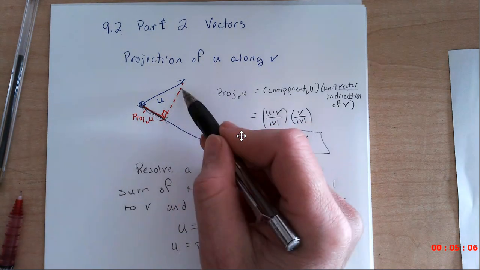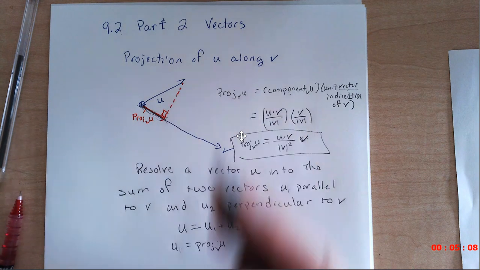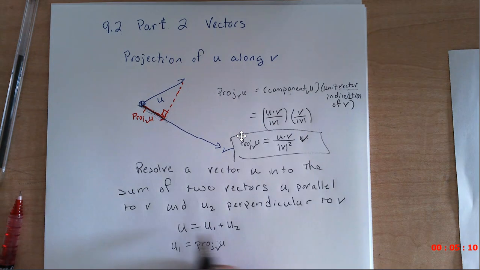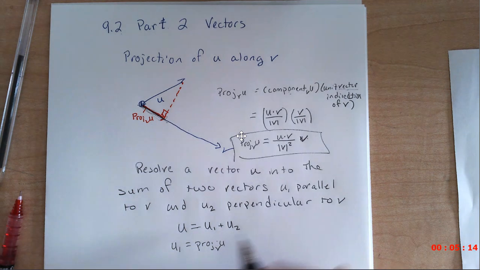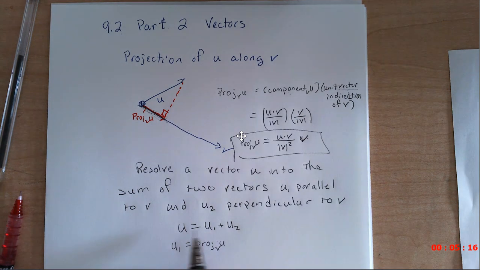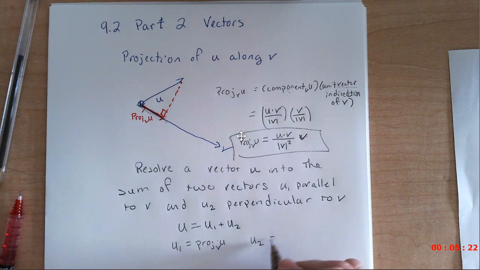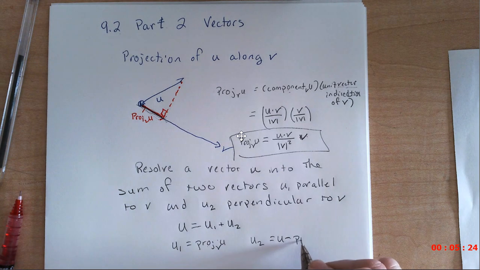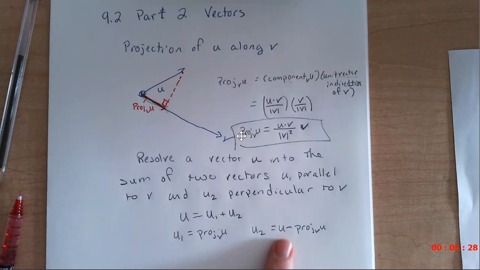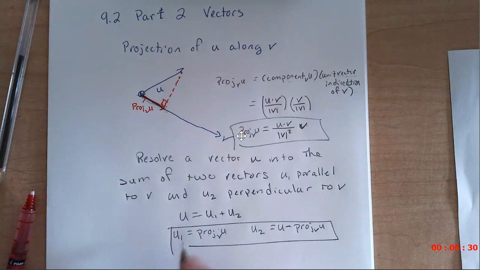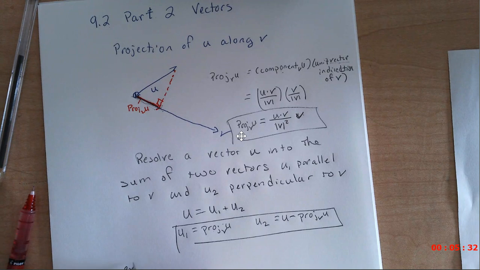So if these two vectors add up to u, that would mean u equals u sub 1 plus u sub 2. Therefore, u sub 2 would be u minus u sub 1, which is the projection of u along v. So u sub 2 is u minus the projection of u along v. So now we can use these. So those are other useful facts. So here's our example.